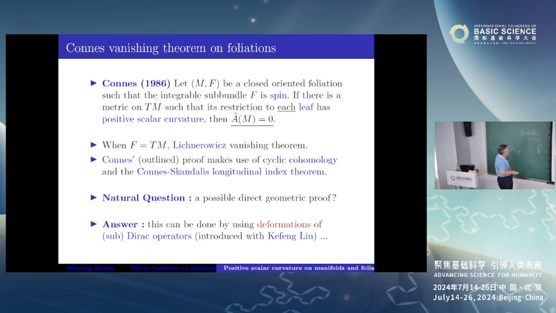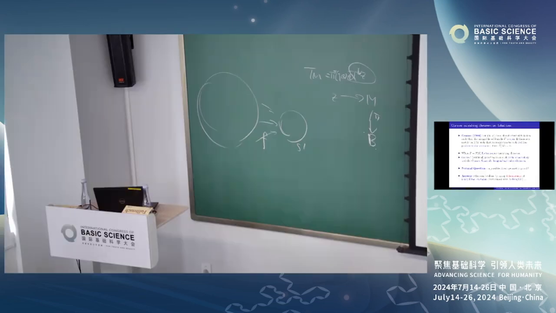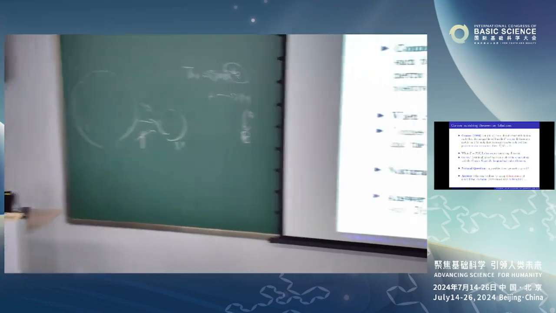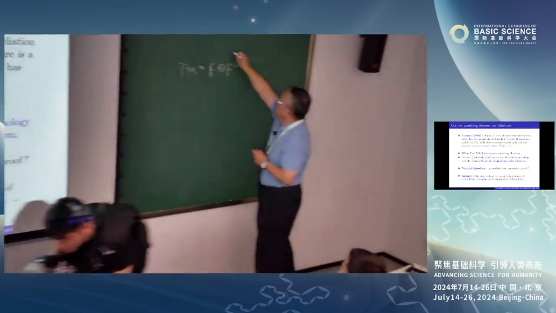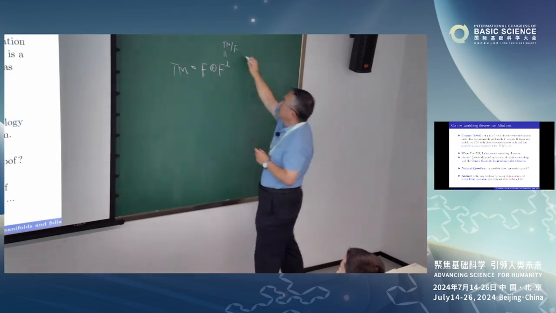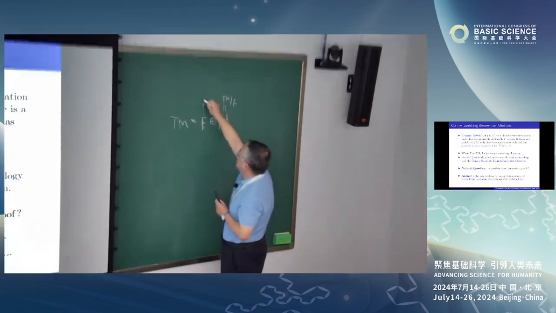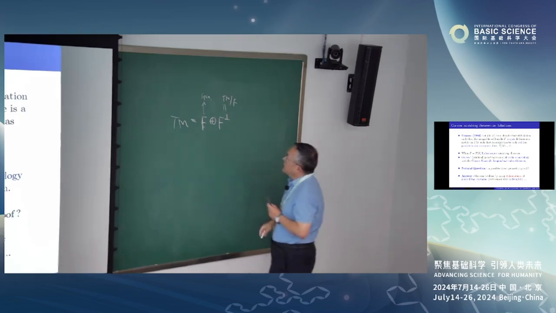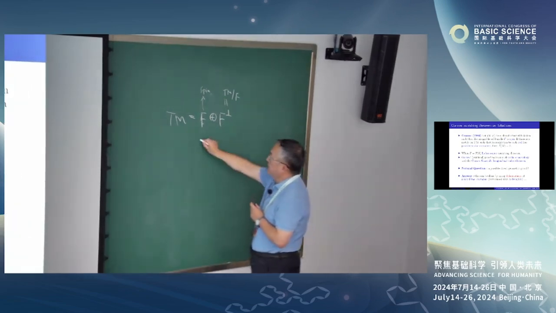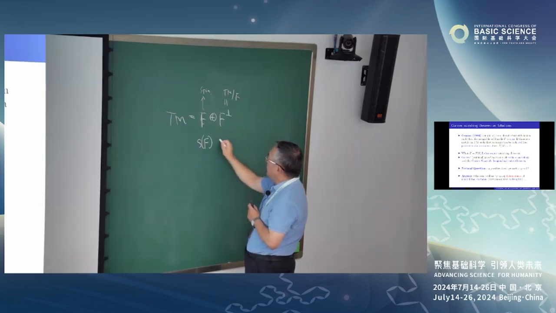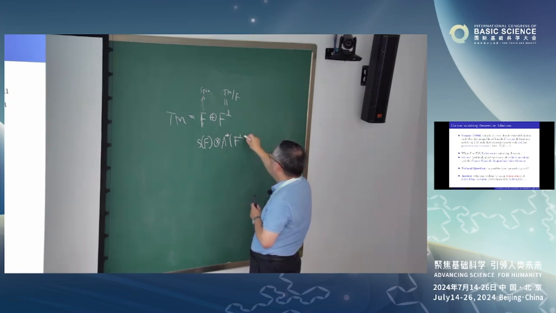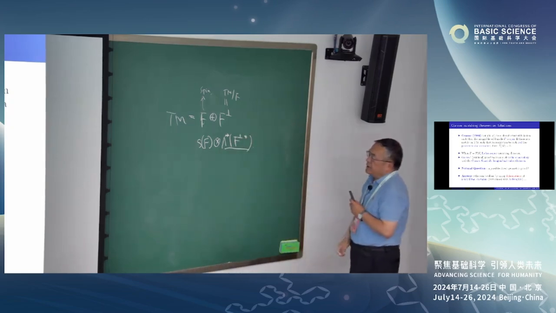That means if you have a manifold with TM equal to E plus F, where the orthogonal complement can be identified with this one, and we assume only that F is spin, while the total manifold is not spin, we can consider the spinor bundle tensored with the exterior algebra of this normal bundle.